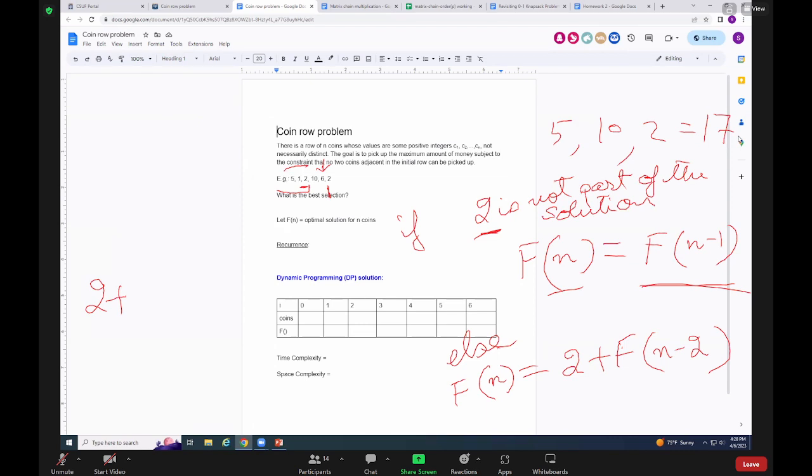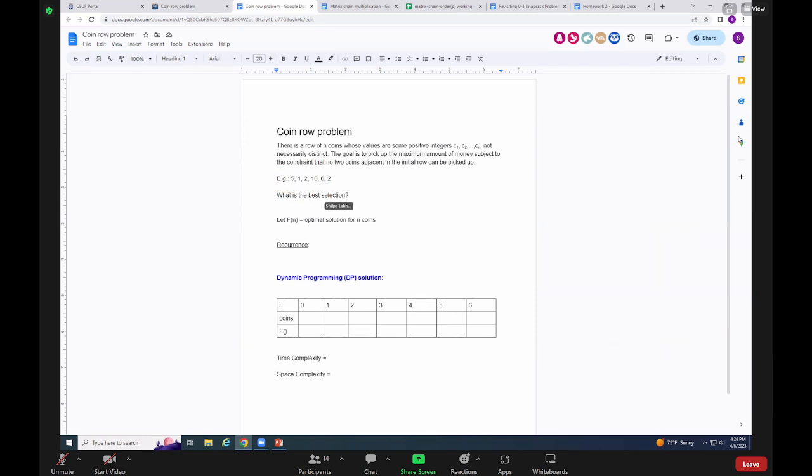Here we are saying that for whatever reason, for an unseen number of coins, let's say we arrived at an optimal. What's the best we could have done if 2 wasn't there? That's the f of n minus 1, right? Whatever the best we could have done.